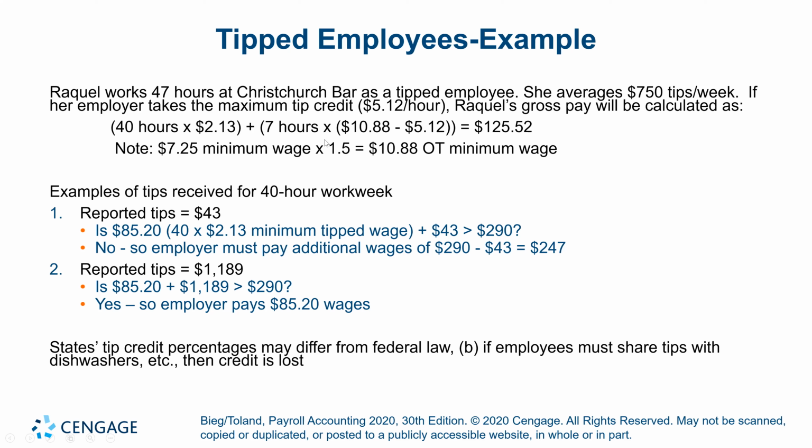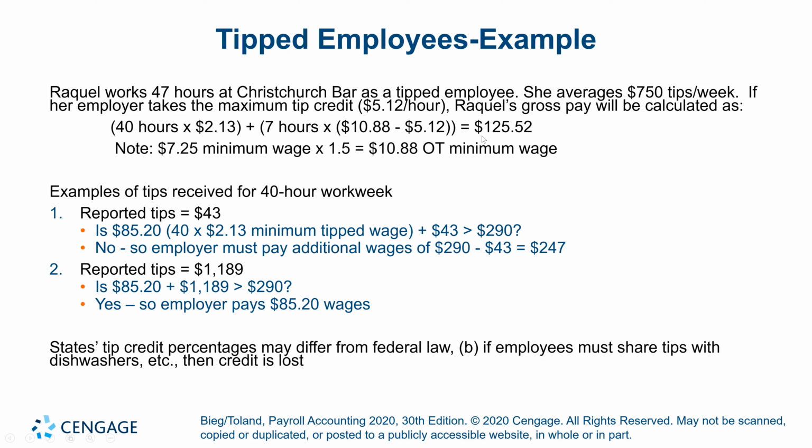Plus we'd have 7 hours of overtime less the tip credit. So that $10.88, that's that $7.25 minimum wage times 1.5. So $10.88 overtime minimum wage. She had 7 hours overtime. So that's the $10.88, but then again, we have to subtract that $5.12 tip credit.